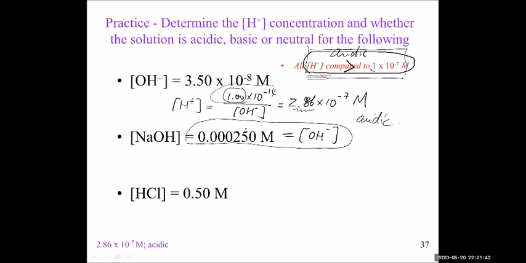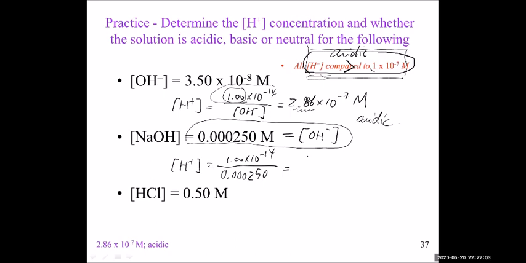Once you get it here, next we just repeat what we did here. Use the 10 to the negative 14 divided by hydroxide, divided by the hydroxide, which will be 0.000250.